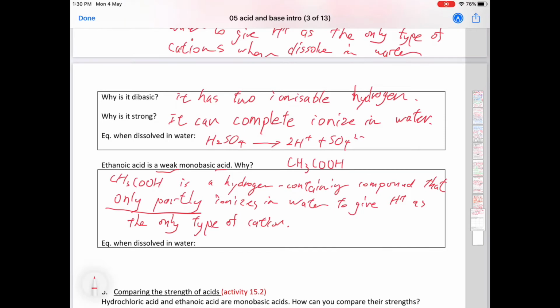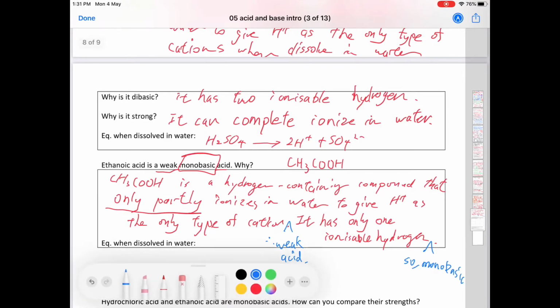And then the third thing, why is it called monobasic? How many ionizable hydrogens does it have? There's only one ionizable hydrogen ion. Then go to the equation part.